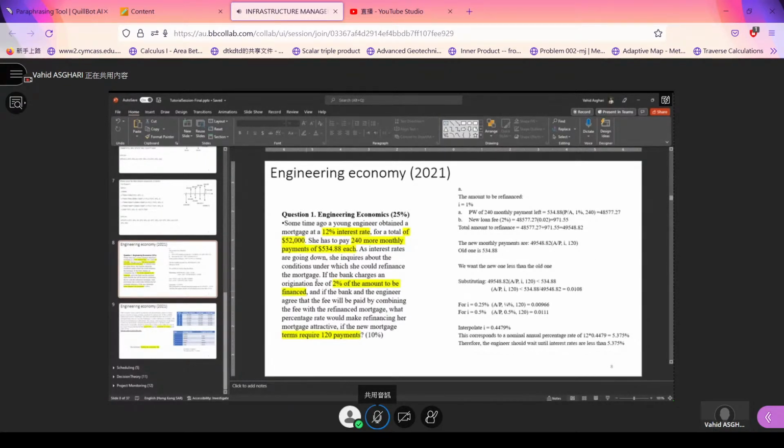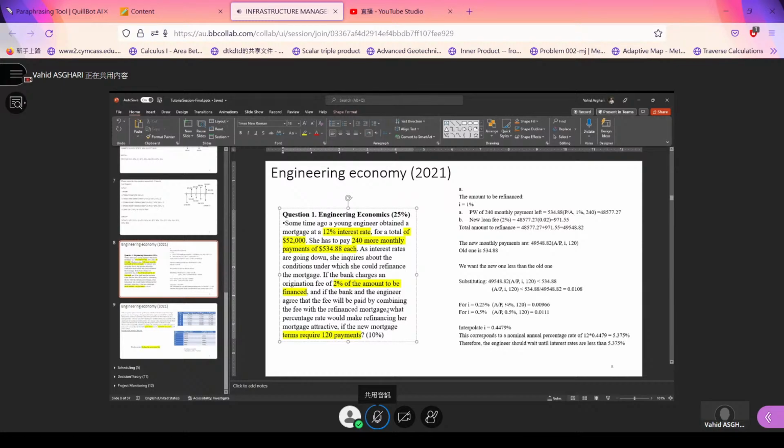If the bank charges an origination fee of 2% of the amount to be financed, and if the bank and the engineer agree that the fee will be paid by combining the fee with the refinanced mortgage, okay, seems a little bit complex, but we will talk about it. What percentage rate would make refinancing her mortgage attractive if the new mortgage terms require 120 payments?